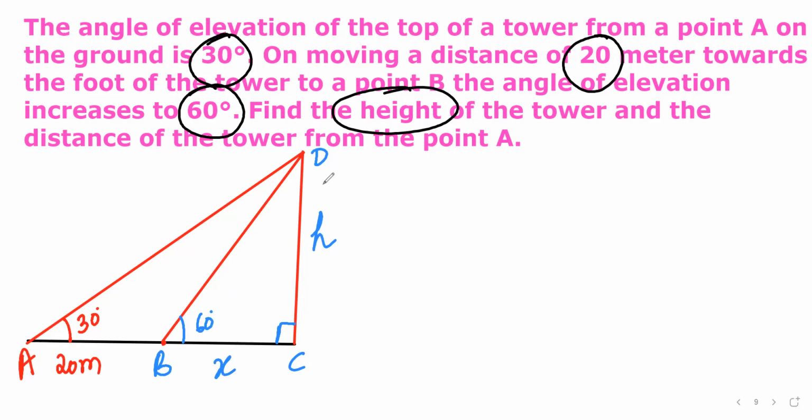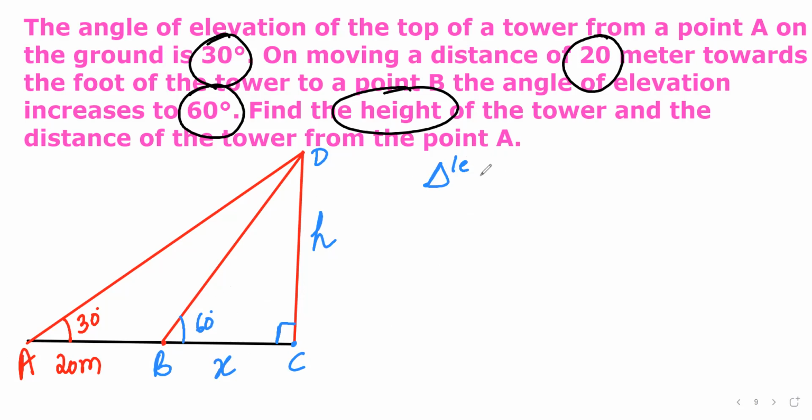So now I'll take the small triangle. Okay, we'll start solving this. We have to understand very carefully: from A to B, towards the tower, we are moving 20 meters. After that the angle of elevation becomes 60 degrees. Then from B to the foot of the tower, the bottom part, is the distance X, correct?